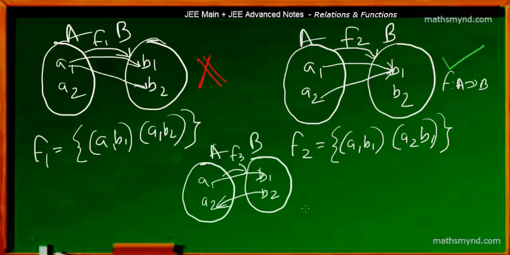When you are dealing with a function from A to B, you can't have an ordered pair coming up in the reverse direction, which simply means that the third function is not a proper function.